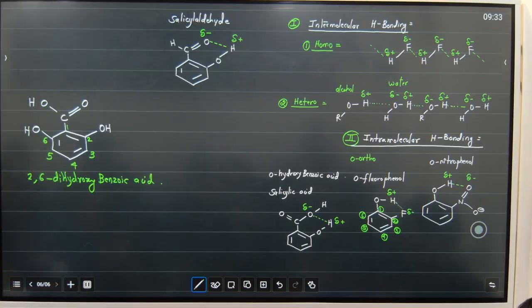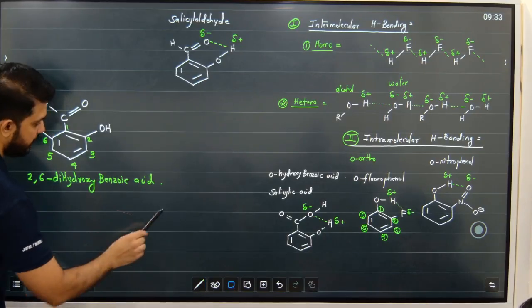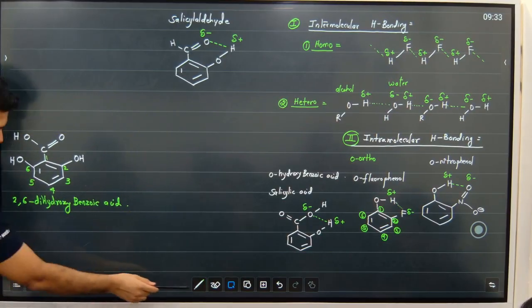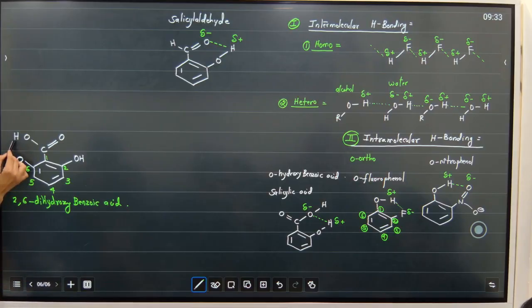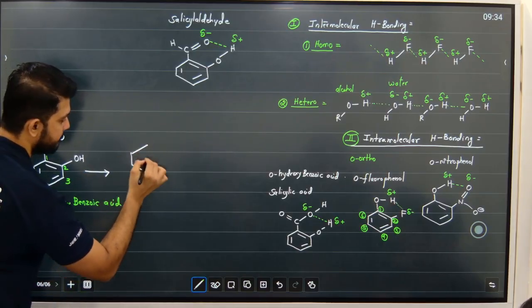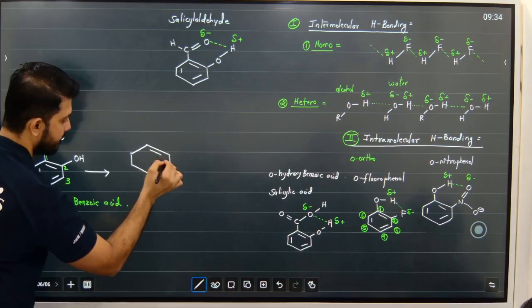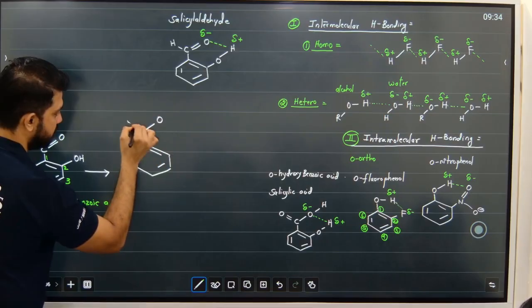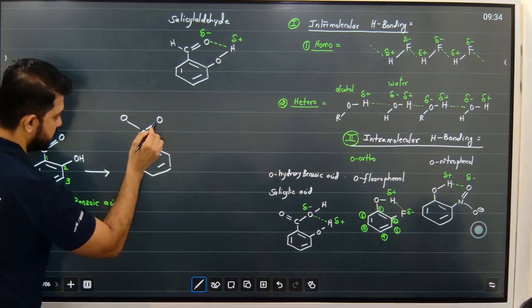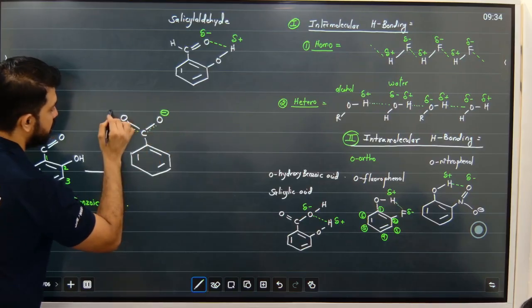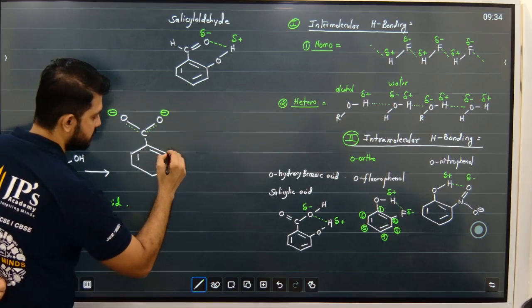Now from 2,6 dihydroxy benzoic acid, if I remove H plus, because it's an acid, it donates H plus, we get something like this.